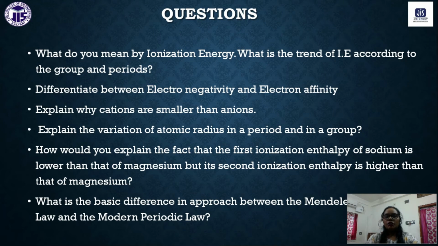Okay, so students, we have seen today what the Mendeleev periodic table is, what the importance of the Mendeleev periodic table is, what the importance of the modern periodic table is, how we can define ionization potential or ionization enthalpy, and how we can define electronegativity and electron affinity.